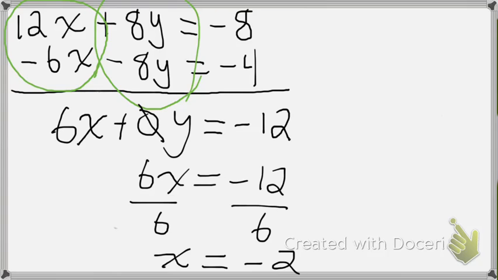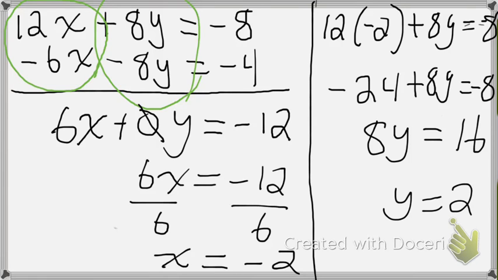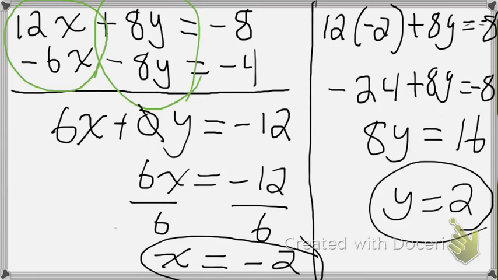So go ahead and pause the video again and substitute negative 2 in for x into one of the equations and solve for y. So if all went well, I think you would have found that y is equal to 2. And the solution to our system that we found is x equals negative 2 and y equals 2.